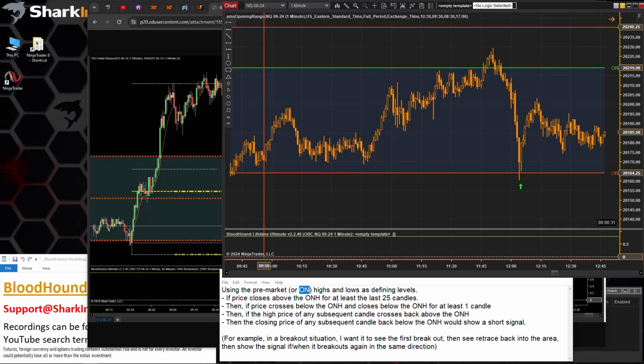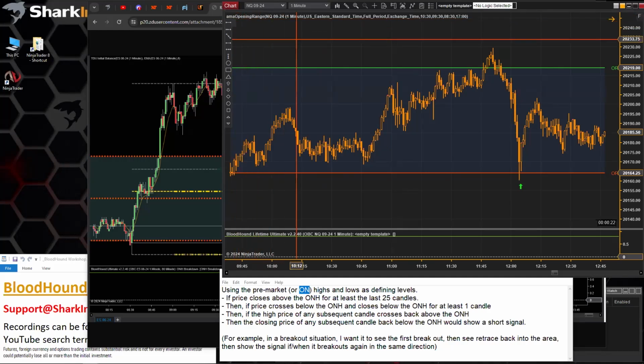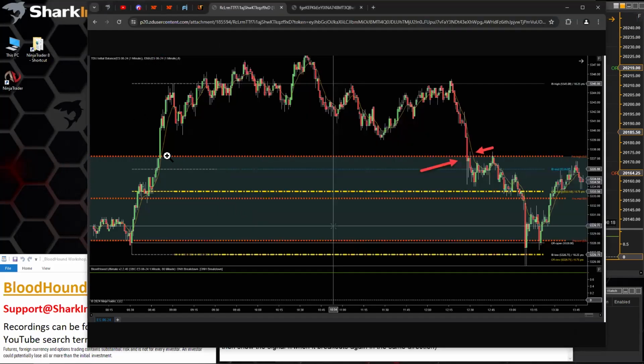And that is a part of their free library list of indicators, the opening range one.